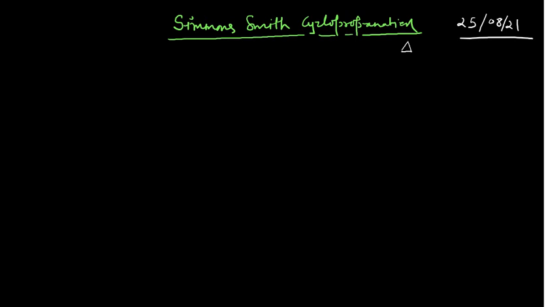If you want to know what the Simmons-Smith reaction is, I can write it here. Say this is your CH2, I am writing a very simple reaction here. This is another CH2, and you are going to perform the Simmons-Smith reaction. That means you are going to take CH2I2, and along with the CH2I2 you will take zinc and copper couple.